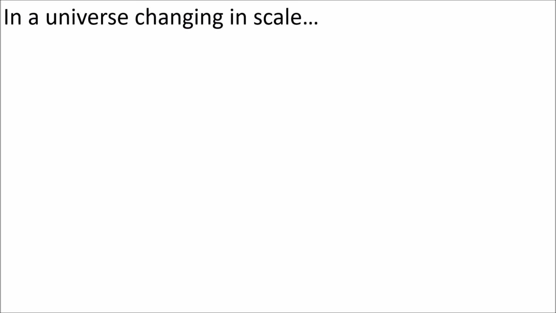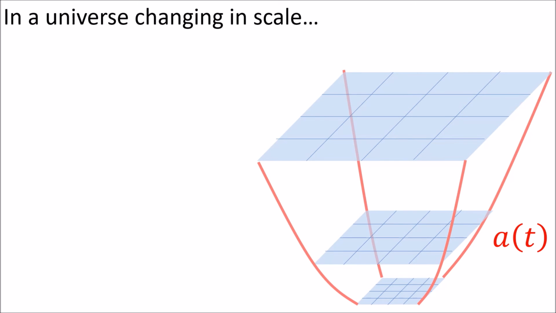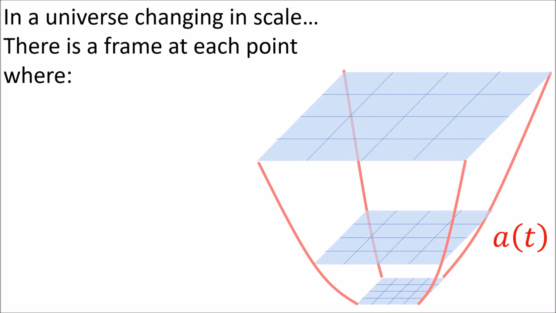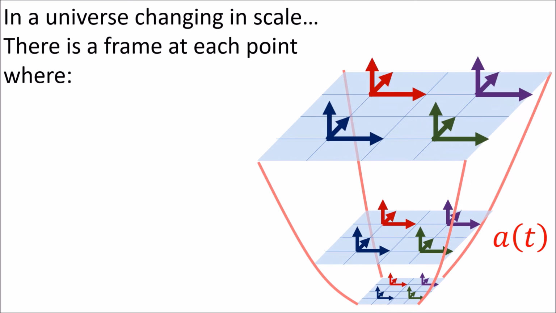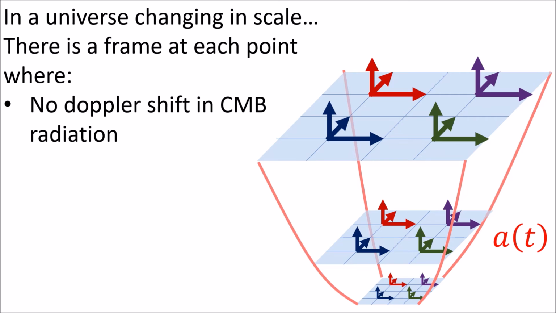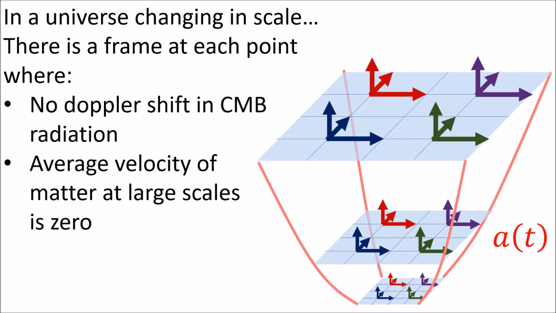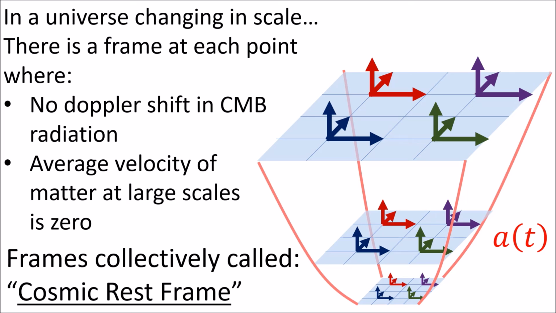So to conclude this section of the video, in a universe that's changing in spatial scale, like ours, there is a choice of frame at every spatial point where there is no observed Doppler shift in the CMB radiation, and the average velocity of matter at large scales is 0. Collectively, all these frames at all these spatial points in the universe are called the cosmic rest frame.